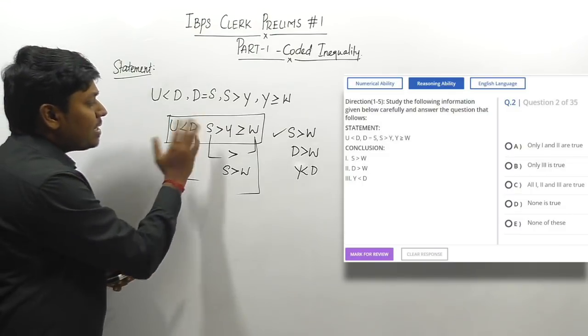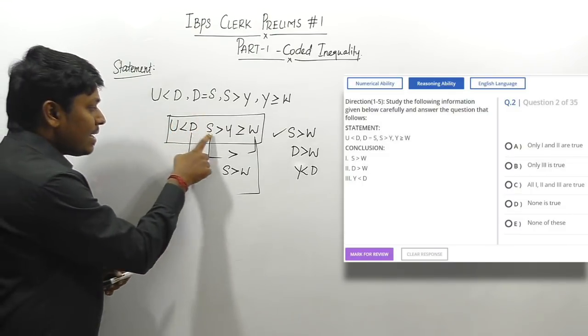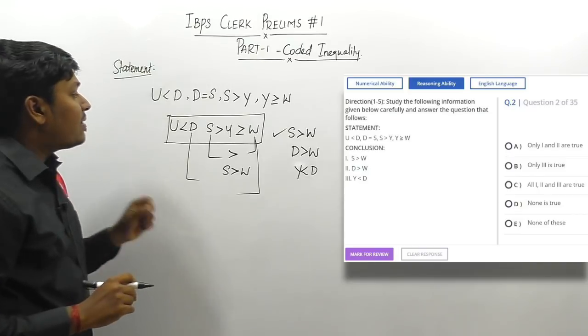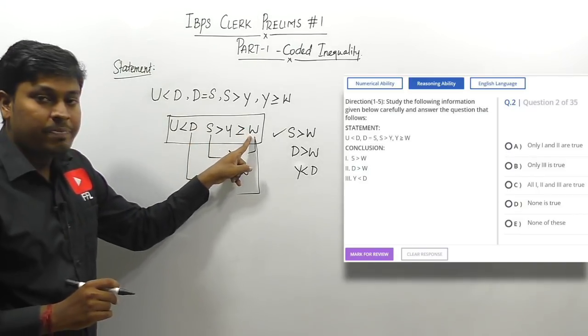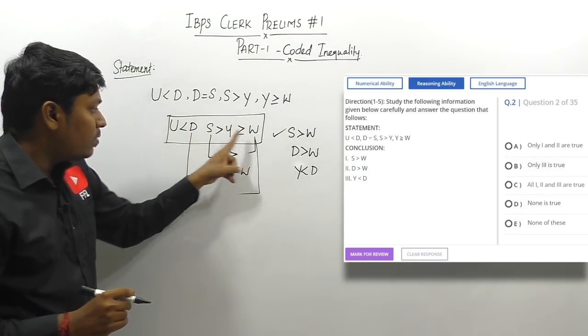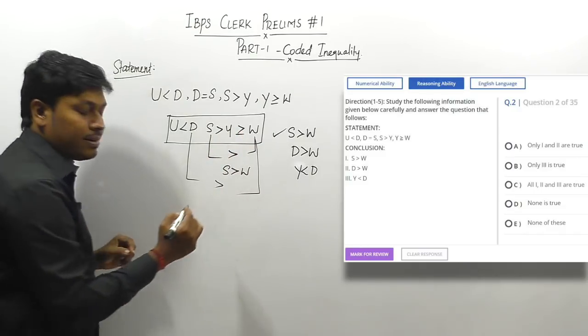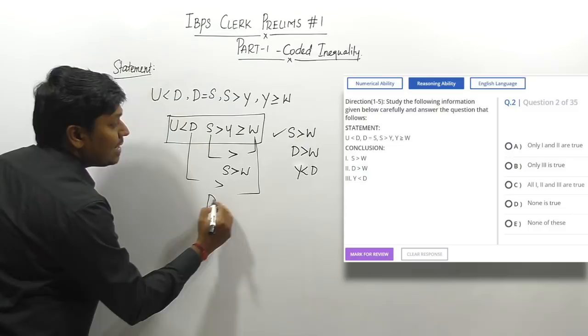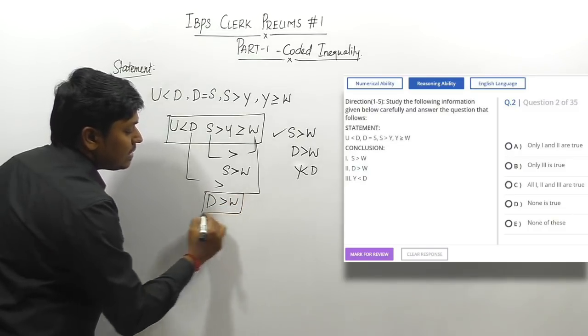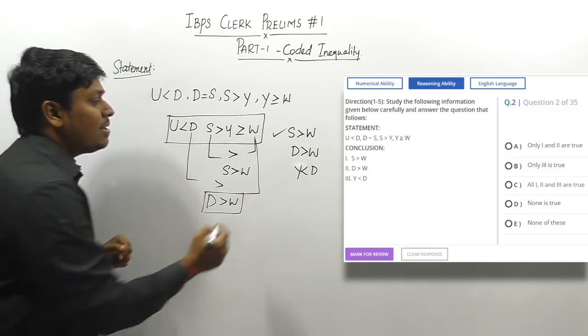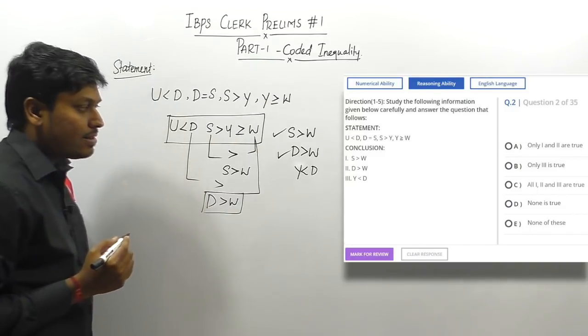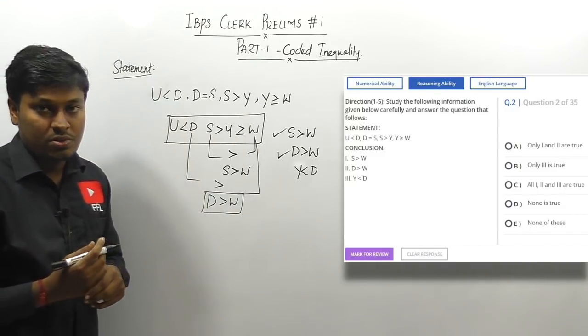So better rub out that equal to symbol, and just assume that D and S both are equal. Now our target is to compare D and W. While comparing D and W, we have only 2 symbols, and the common symbol out of both is greater than. So we can easily say that D greater than W. Similarly, conclusion 2 says D greater than W. So conclusion number 2 is true.